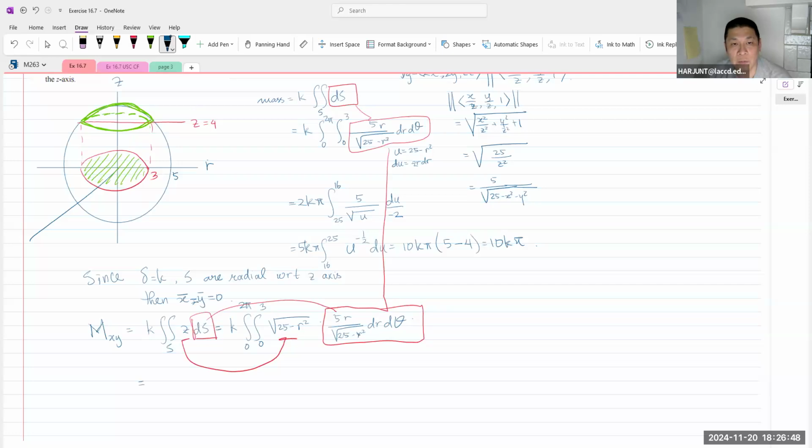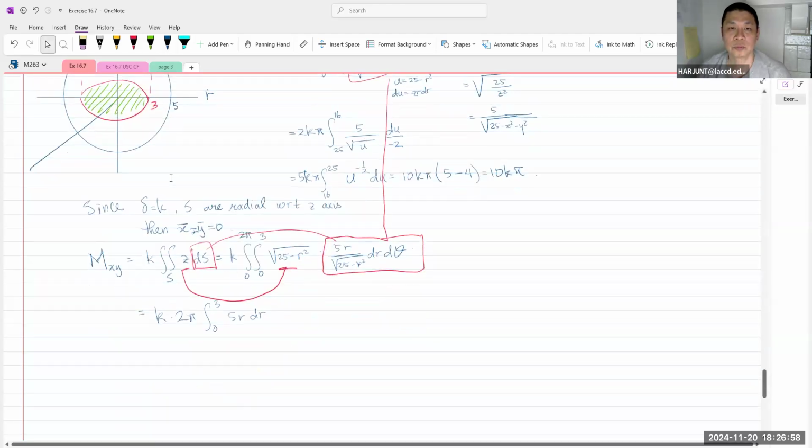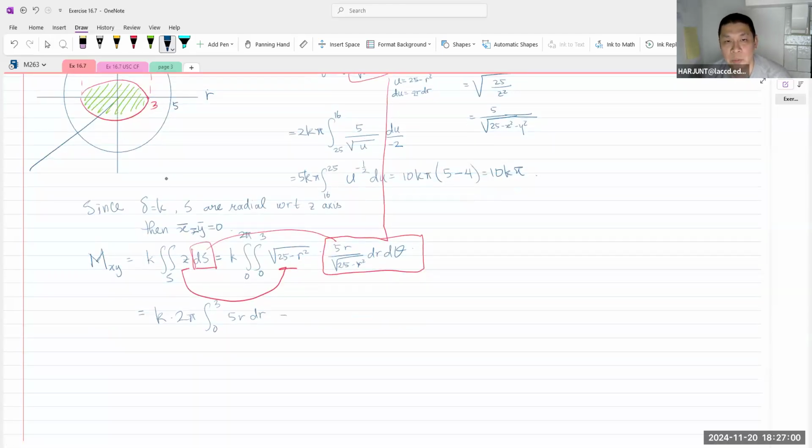Therefore, now we have k times 2 pi times the integral from 0 to 3 of 5r dr. That will be 10k pi r squared, so 0 to 3, 9 over 2. So that would be 45k pi.